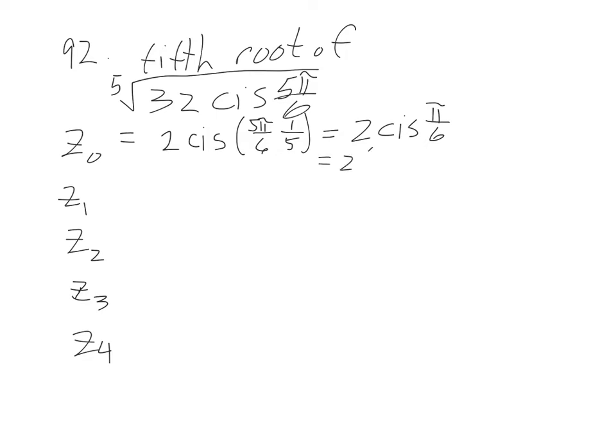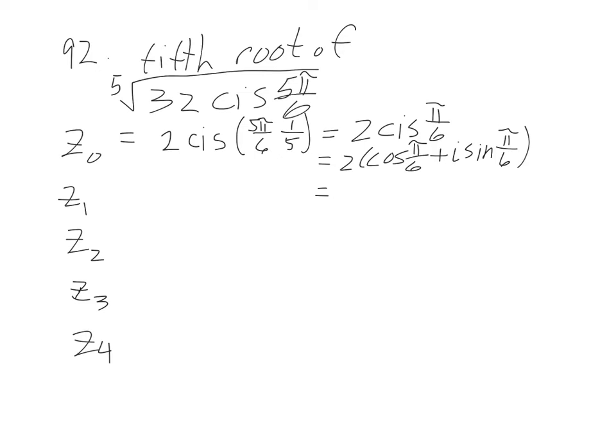If I expand that out to get it into standard form, or a plus bi form, that would be 2 times cosine pi over 6 plus i sine pi over 6. Like I said, I'm not going to do this for all of them. Hopefully you get the idea of converting after you get the 5th root, in this case z sub 0.